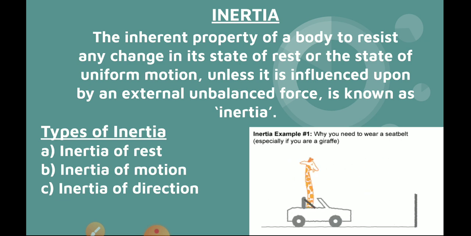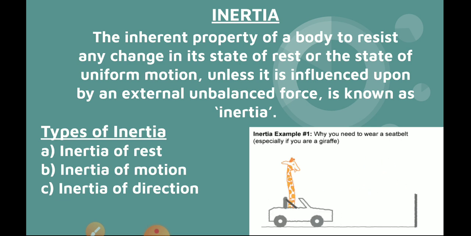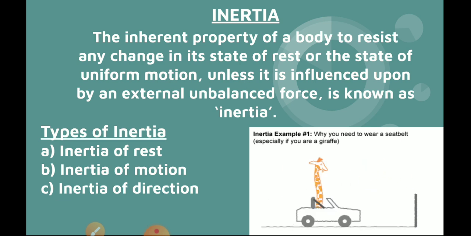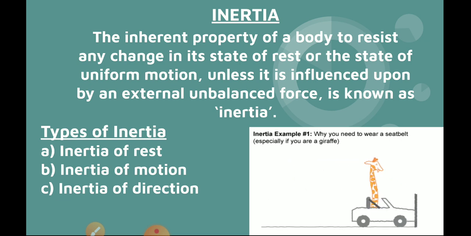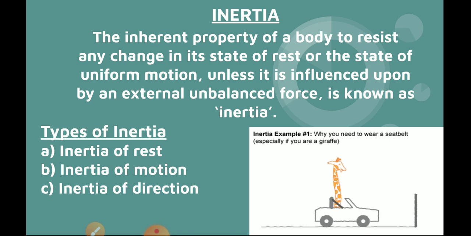Here we can see an example. A giraffe sitting in a car that is driving. We can take it as a giraffe or a human. It's moving in a direction, so it's uniform motion. Suddenly there is a brake or an external object or force which makes the car stop, and the giraffe moves from its space automatically.